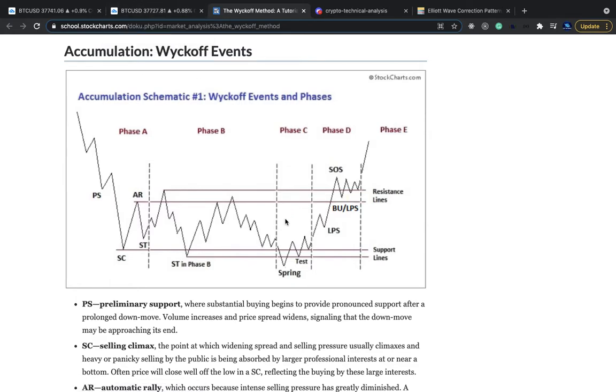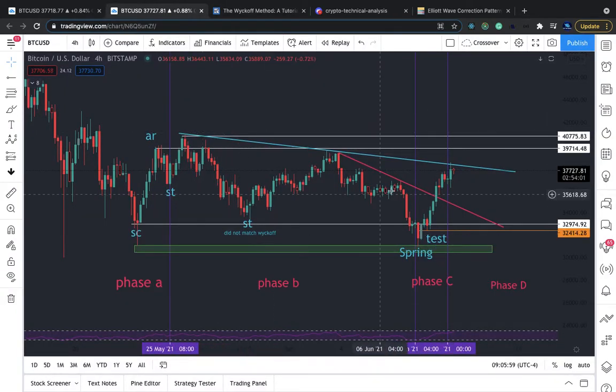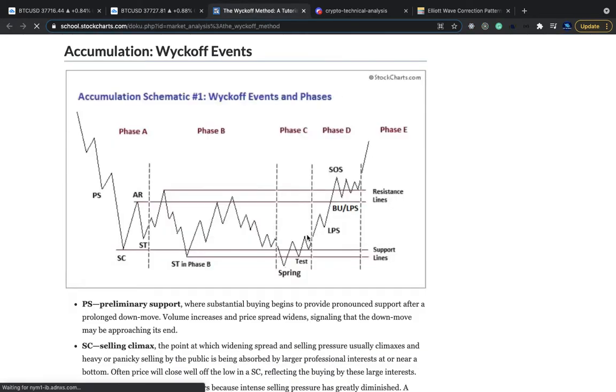I believe we're around this area right here, up here. You compare the spring, the test, broke resistance, testing another previous resistance. I believe we're right here, previous resistance, possibly around here as well.